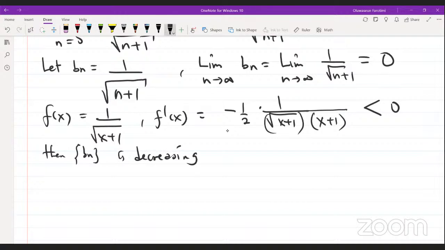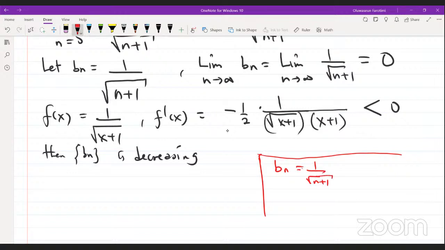But what is the other one I said I wanted to write? The idea of the monotone decreasing. Let me just put it in a box. Another method. So you do Bn is just 1 over square root of n plus 1.